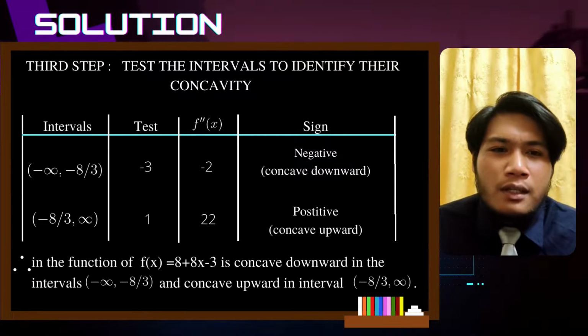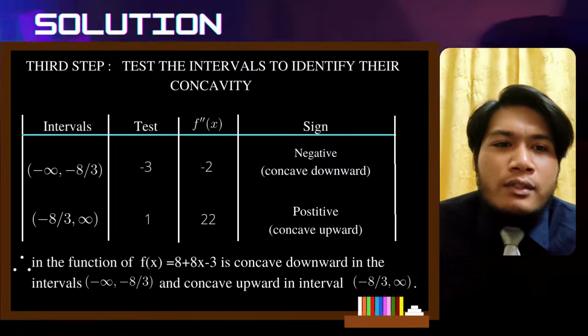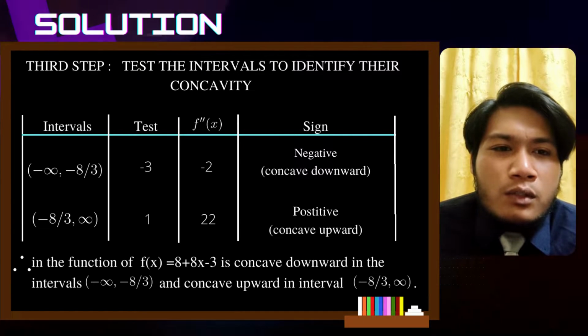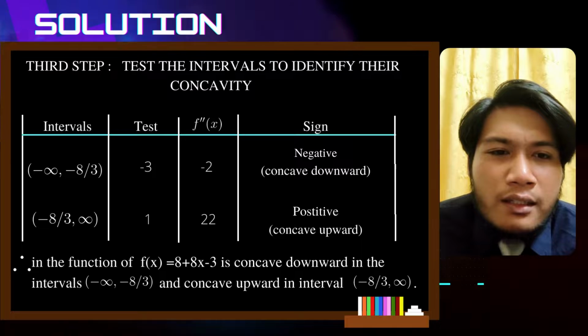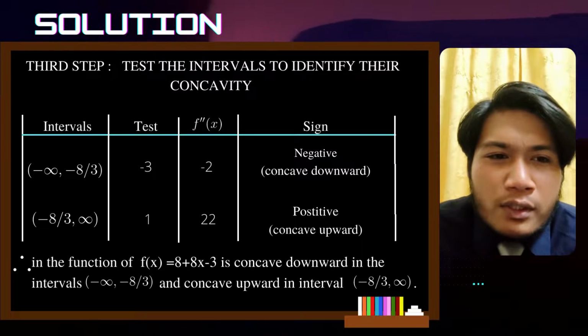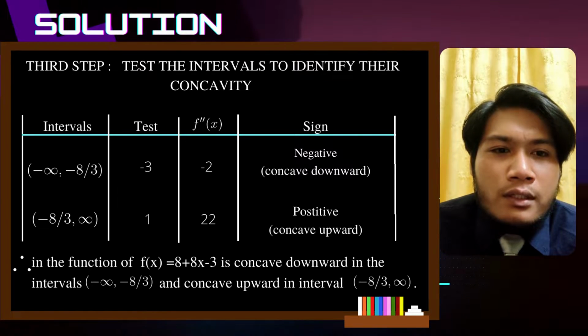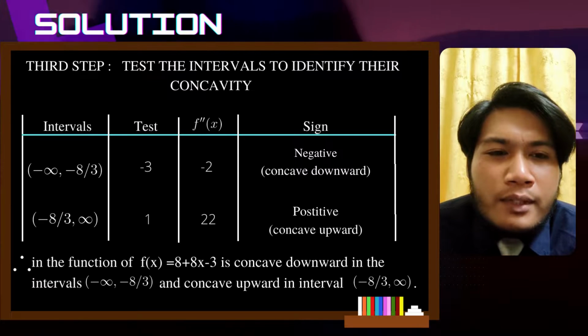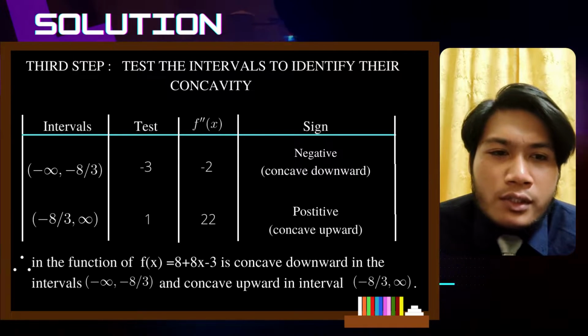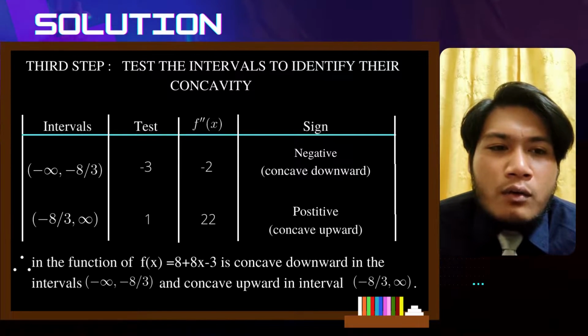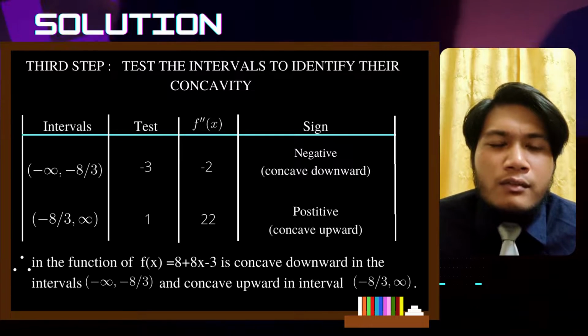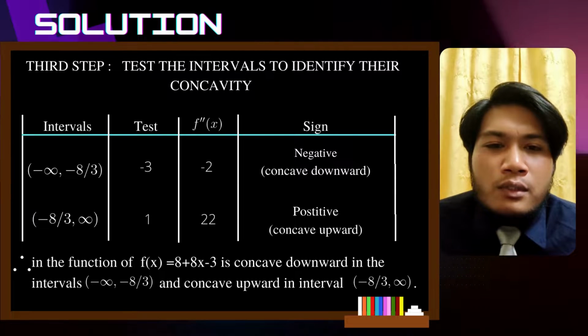Therefore, the function f x equals 8 plus 8x minus 3 is concave downward in the interval negative infinity to negative 8 over 3, and concave upward in the interval negative 8 over 3 to positive infinity.